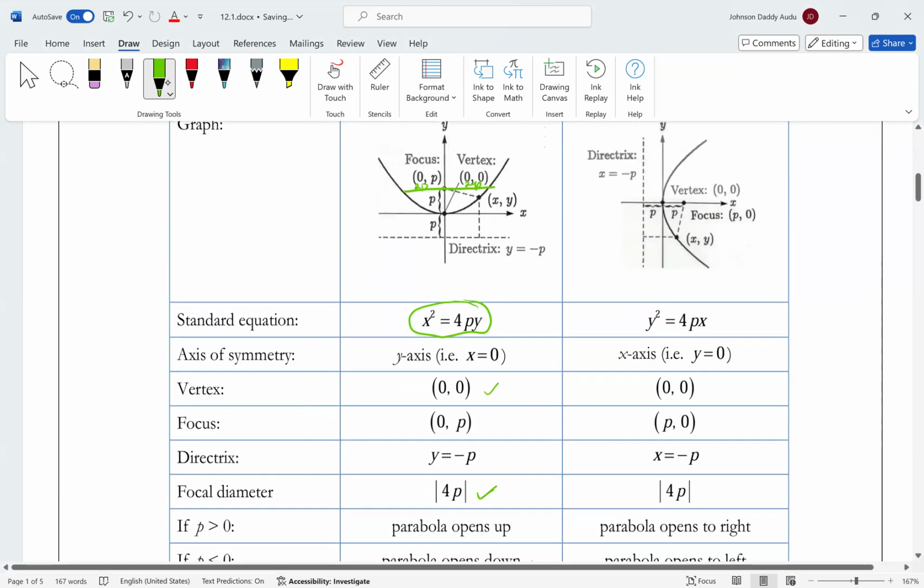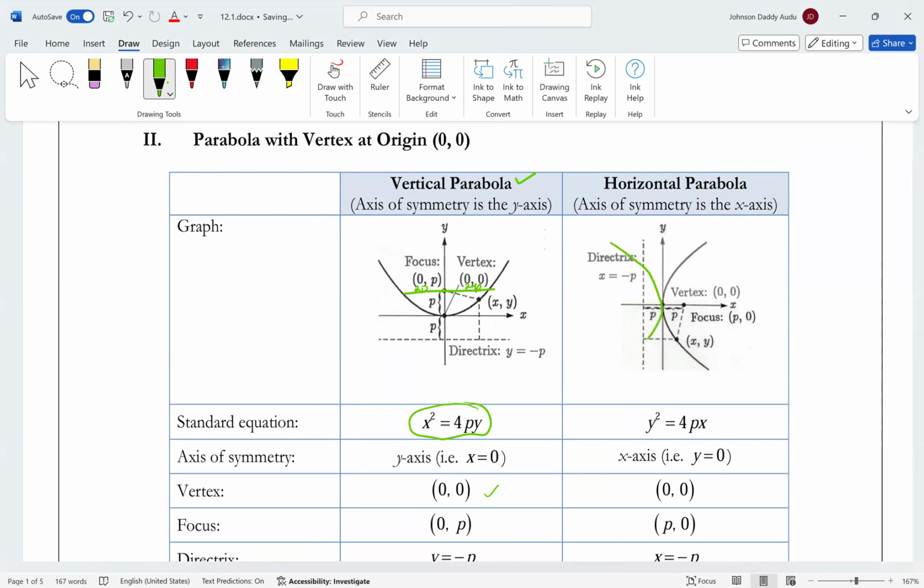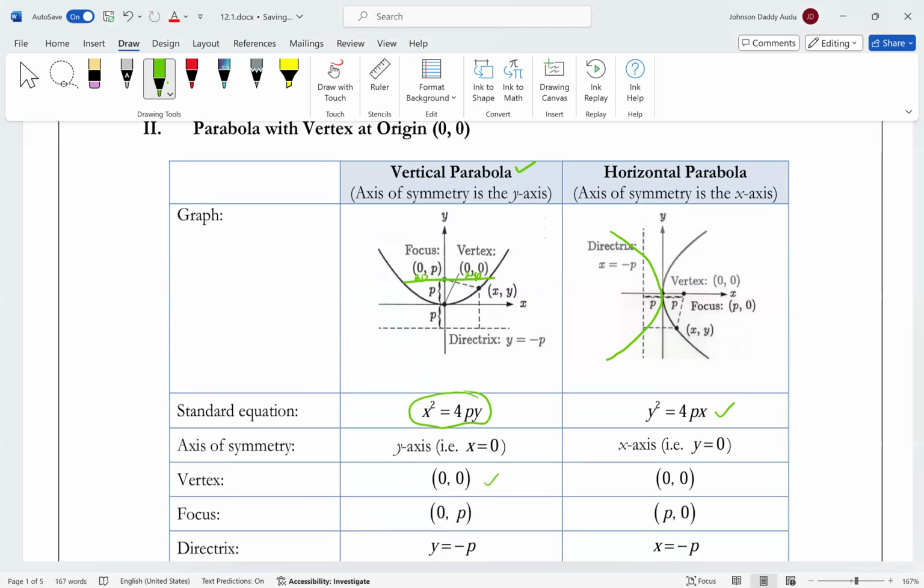Now, in the case of the horizontal parabola, this is an example of a horizontal parabola. So a horizontal parabola could open to the right or open to the left, all depending on the value of p. And it has this equation, y squared equals 4px. The axis of symmetry in this case is the x-axis.